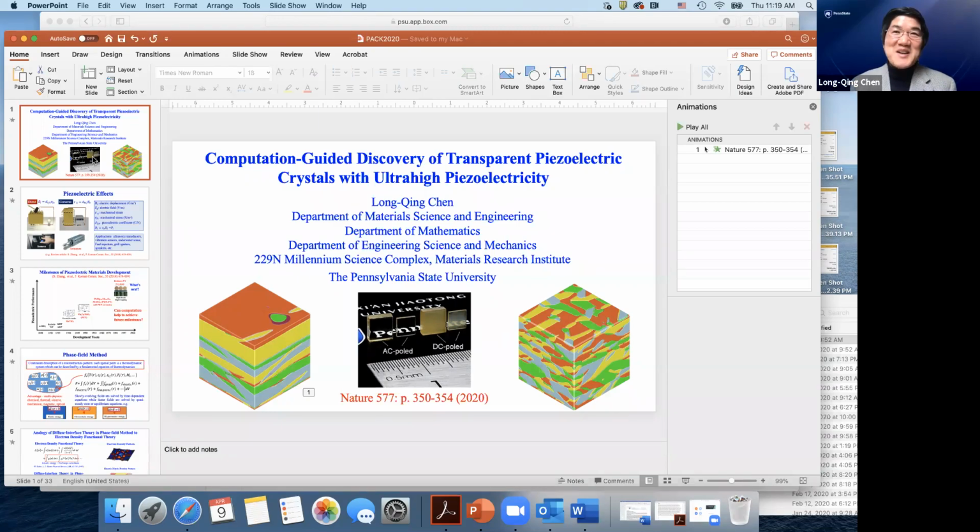Experimentally, it's difficult to pole along 111, get a single domain, and then cut it, because now you have the problems of depolarization and things like that.